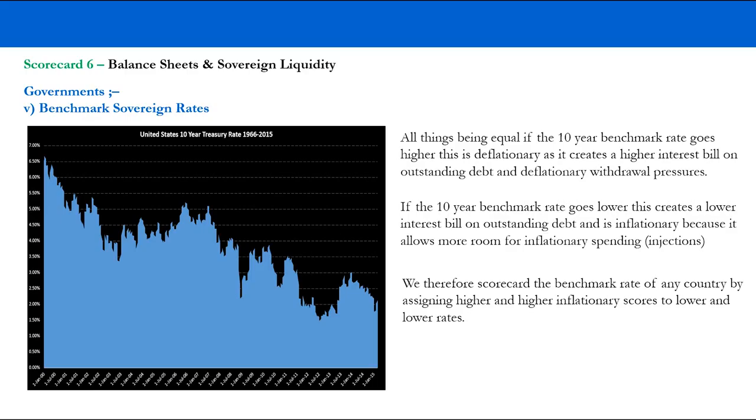So the interest bill that the government is paying goes higher and withdrawals increase. So this is deflationary. If the 10-year benchmark rate goes lower, this creates a lower interest bill on outstanding debt and is inflationary because it allows more room for inflationary spending, so injections. We're going to therefore scorecard the benchmark rate of any country by assigning higher and higher inflationary scores to lower and lower rates.